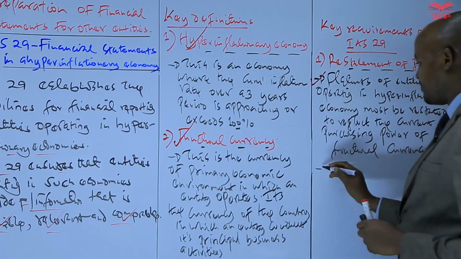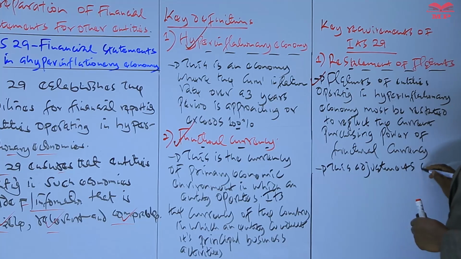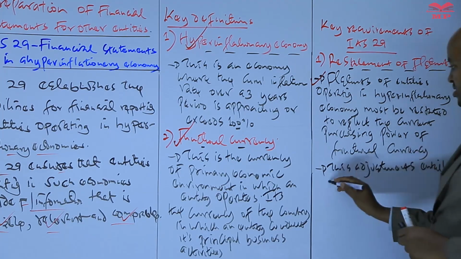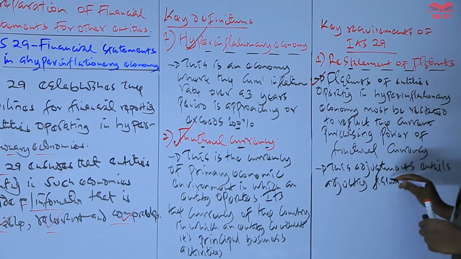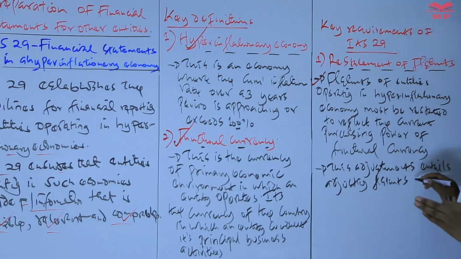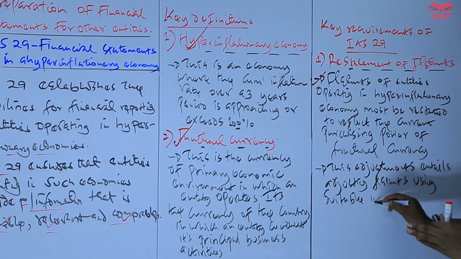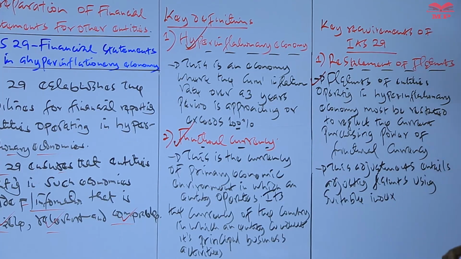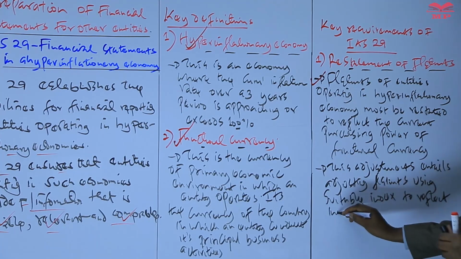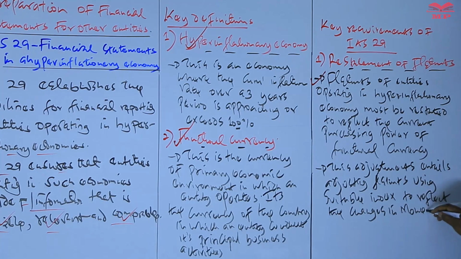So we can say that this adjustment entails adjusting the financial statement using a suitable index to reflect the changes in money value.